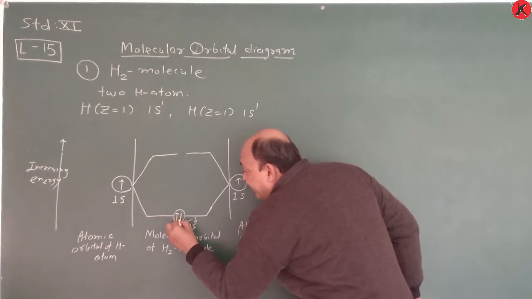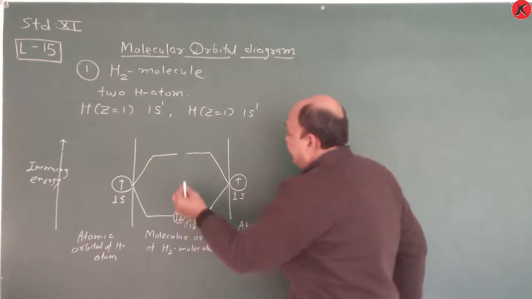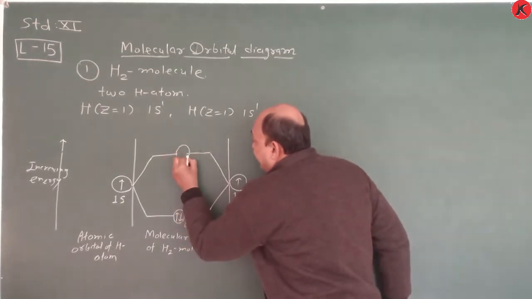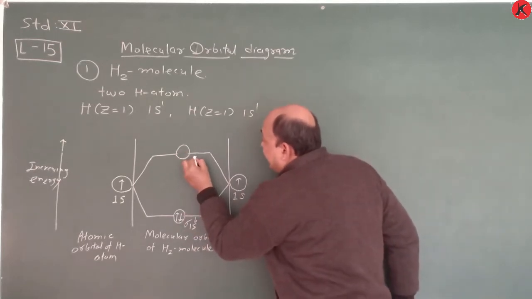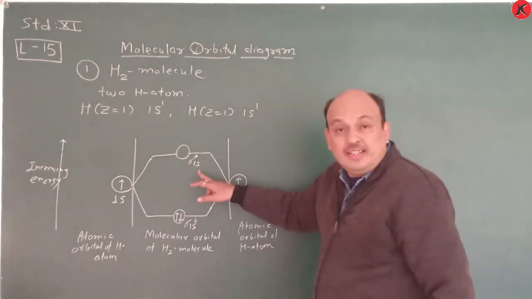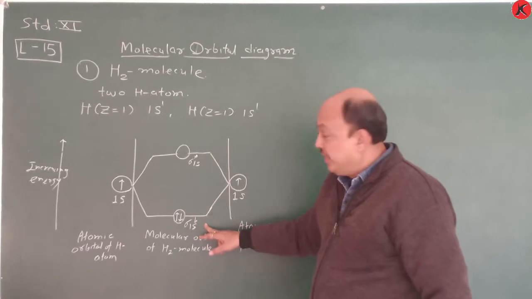Here we draw an empty orbital, and that is sigma star 1s. This is the anti-bonding molecular orbital, and this is the bonding molecular orbital.